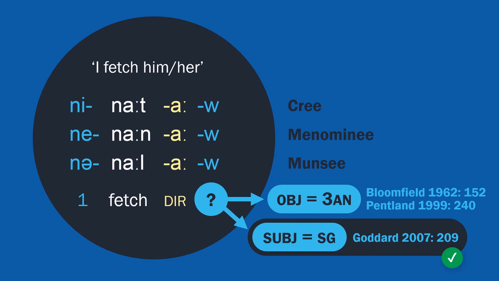Under Goddard's view, the properties of W that might make us think it's a third-person object marker are actually the result of allomorphy, triggered by the following peripheral suffix, which is indeed a third-person object marker. But the W itself is just an allomorph of the singular subject marker. Or, to be more accurate, the non-plural subject marker, since it marks both singular subjects and unspecified subjects.